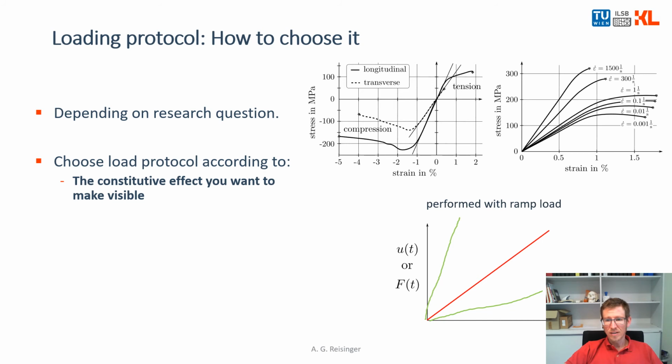And here different material properties were made visible. So the constitutive effect of viscoelasticity was made visible here by applying a ramp load with different slope, the different loading rate.